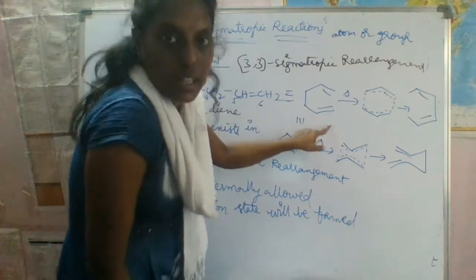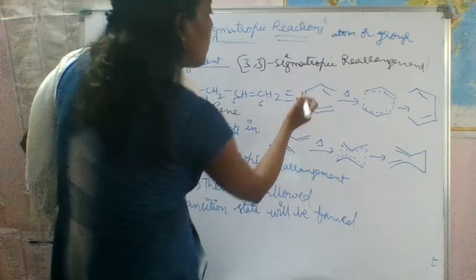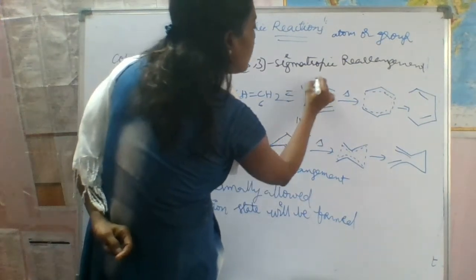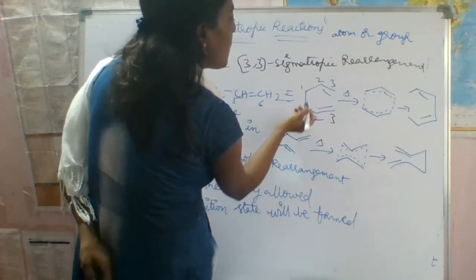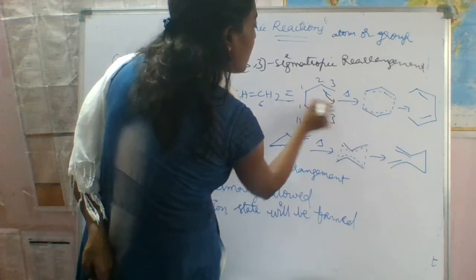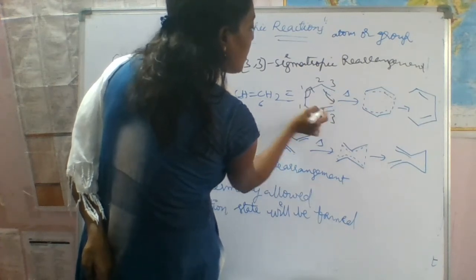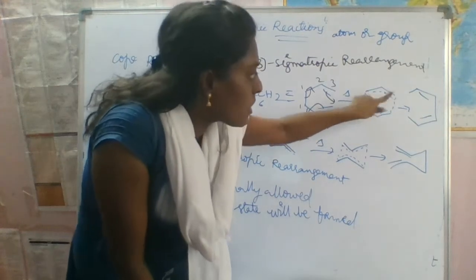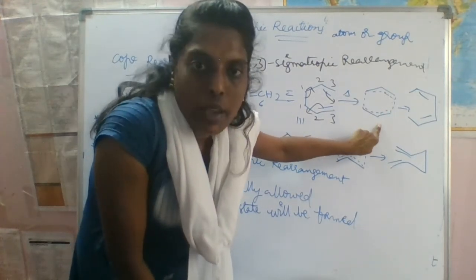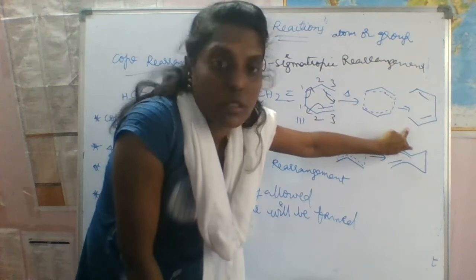So we can write it like this. Next, we give the numbering 1, 2, 3 and 1, 2, 3. What will happen here? We have to shift this bond, so this bond will be shifted here. A 6-member transition state will appear and give this new product.